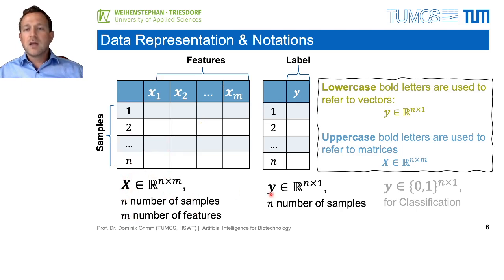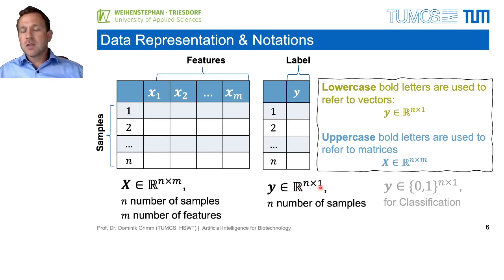And y are usually our labels, and for vectors we use lowercase bold letters. For example, y is an element of the real numbers and has dimensions number of samples times 1.